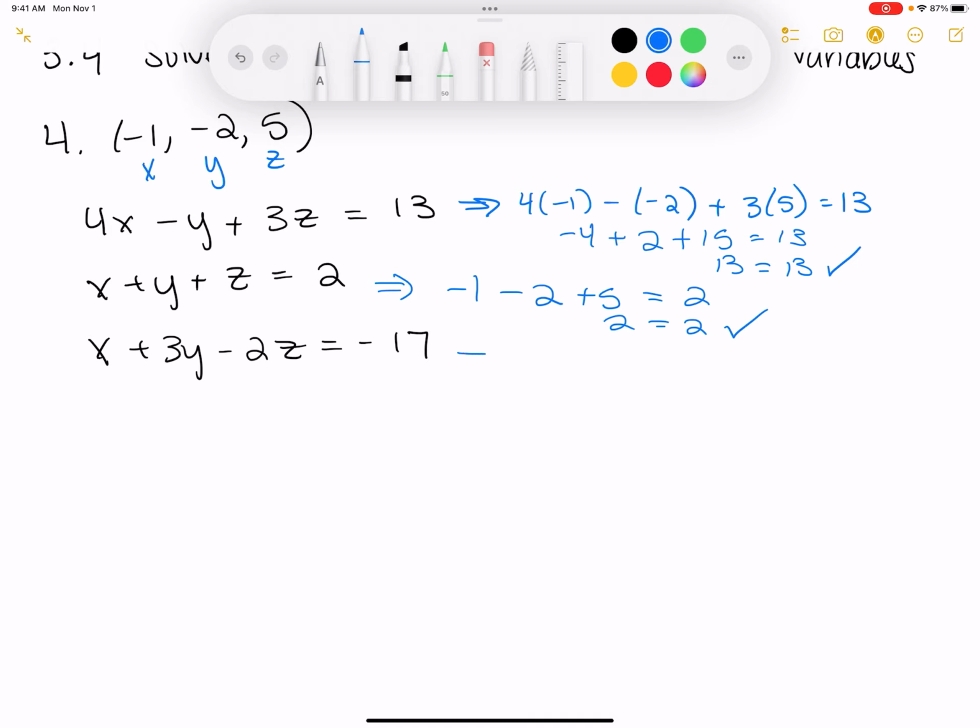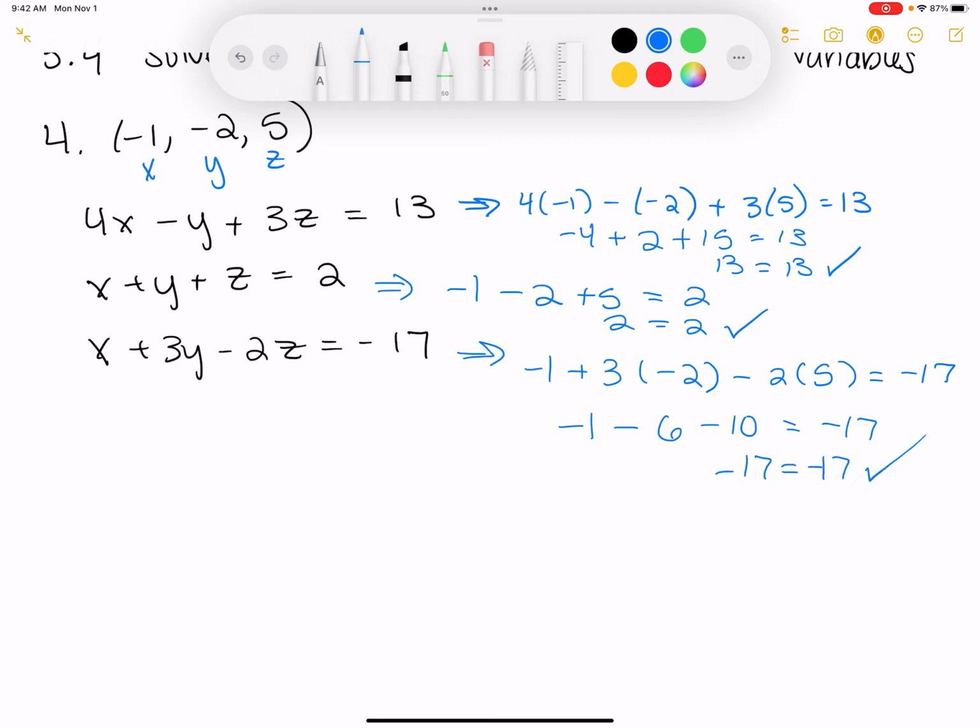And this last one, -1 plus 3 times -2 minus 2 times 5 equals -17. -1 minus 6 minus 10 equals -17. -17 equals -17. And that works. So this one is a solution.